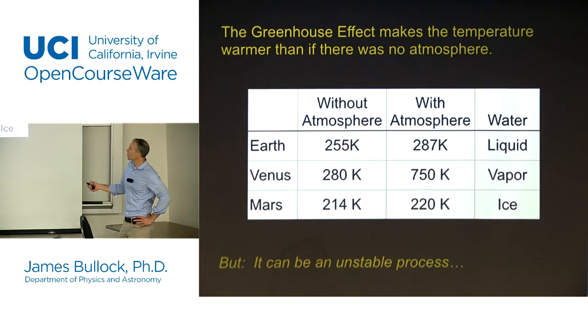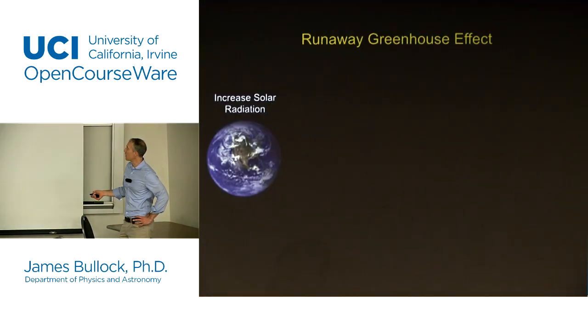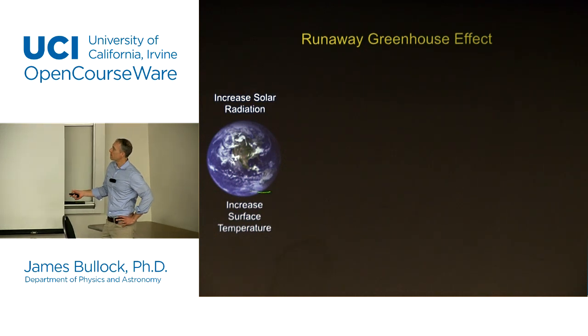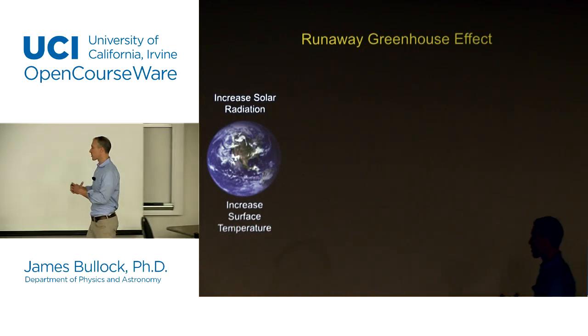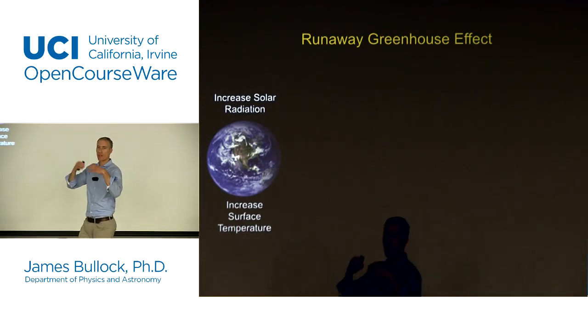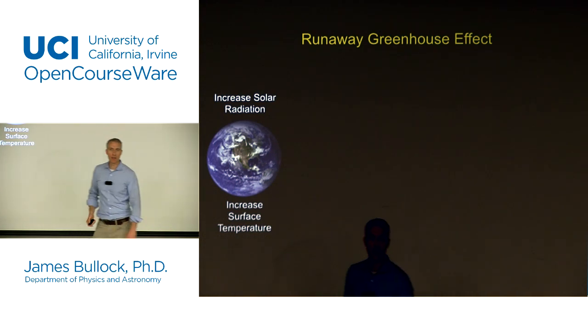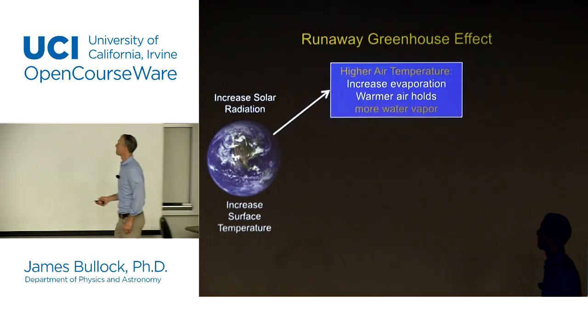Now, this greenhouse effect, however, can be very unstable. What can happen is you can have something called the runaway greenhouse effect. So imagine you've got a planet that's sort of like the Earth, and the temperature goes up. Say the sun has a little bit of a period where it gets a little bit more intense. The Earth starts to heat up a little bit.